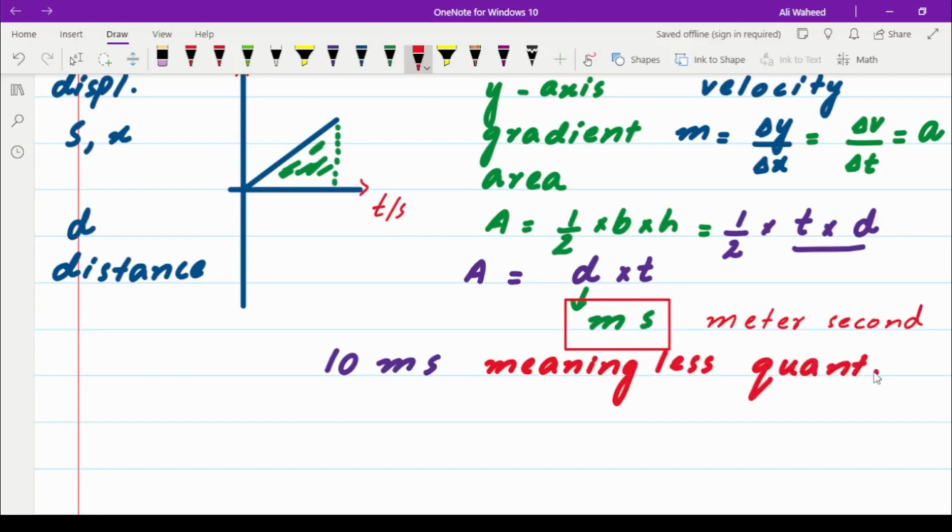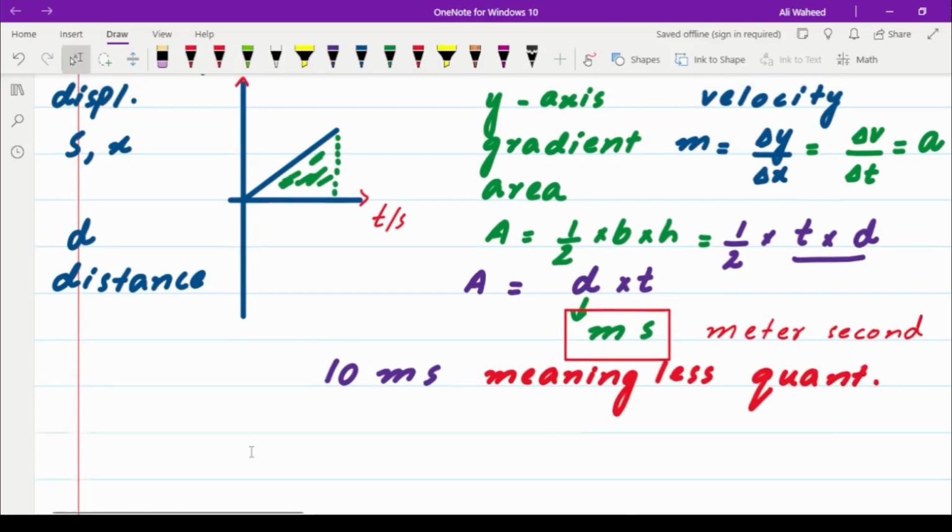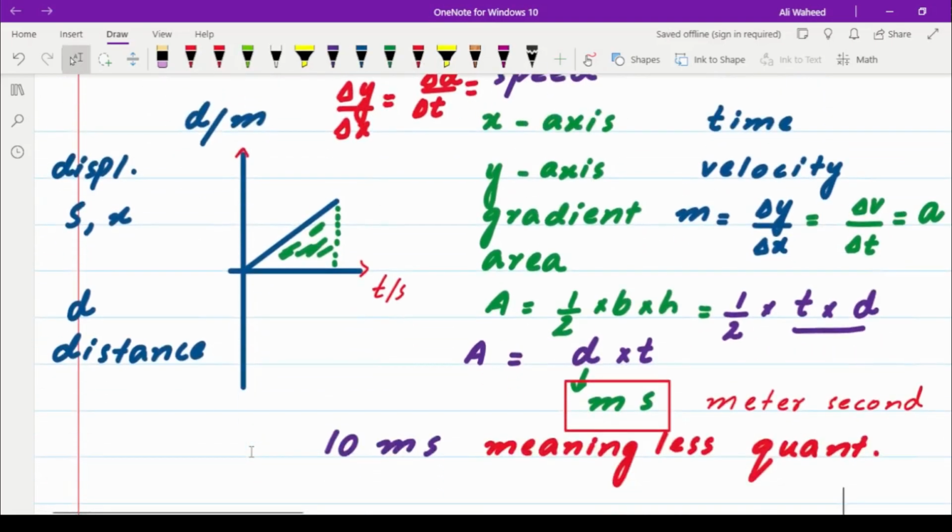That's why whenever they ask you to find the area of the graph, they used to ask you to find the area of the speed time or velocity time graph. And this is precisely why they never asked you to find the area of the distance time graph, because that would be a meaningless quantity.